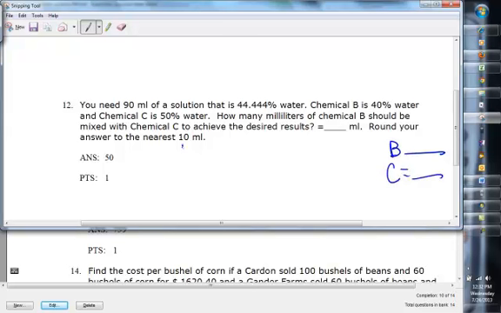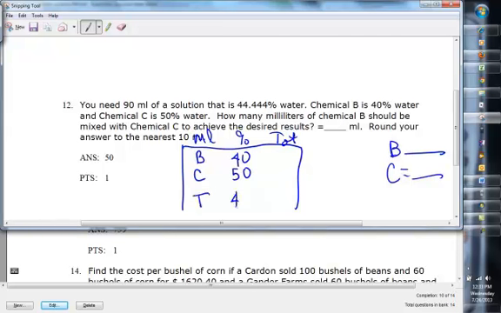Okay, this one's perfectly set up for a chart. We've got milliliters, percent, total going across. Our two variables are B, which is 40%, C, which is 50%, and our total, which is 44.44%.